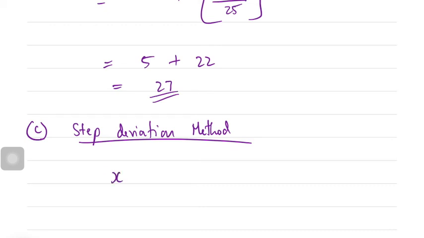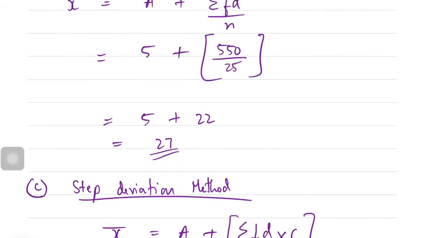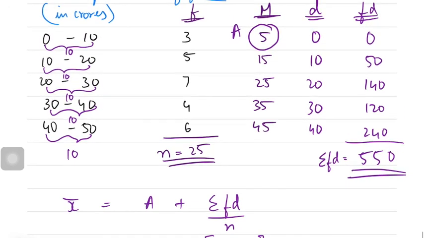So the formula is x bar is equal to a plus summation fd upon n multiplied by c. Okay, we'll use the same problem and solve it.